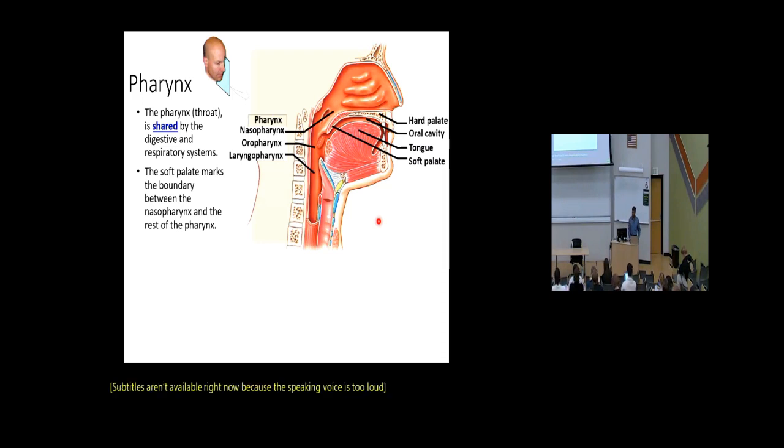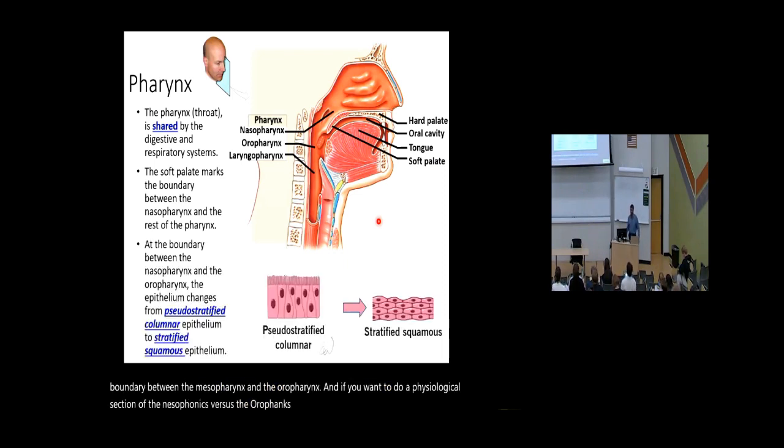And if you were to do a histological section of the nasopharynx versus the oropharynx, you will find different types of epithelial cells here.